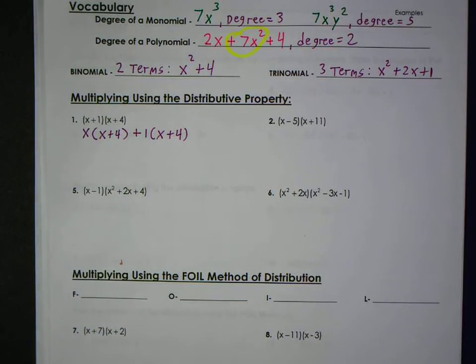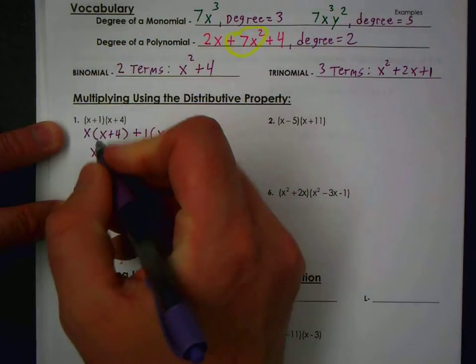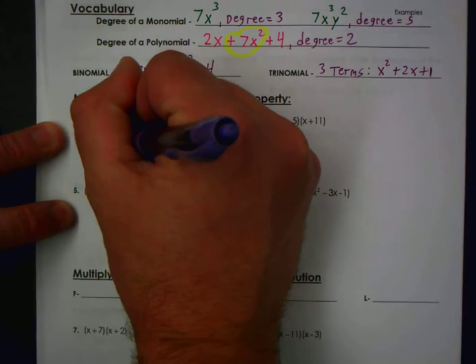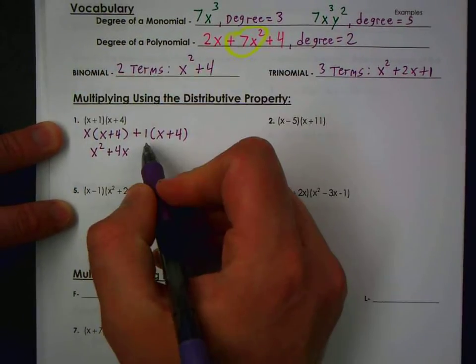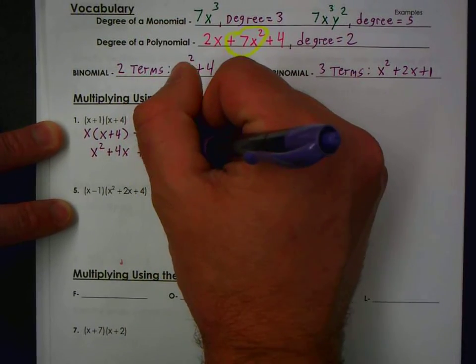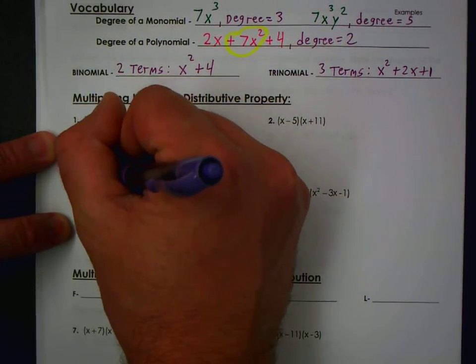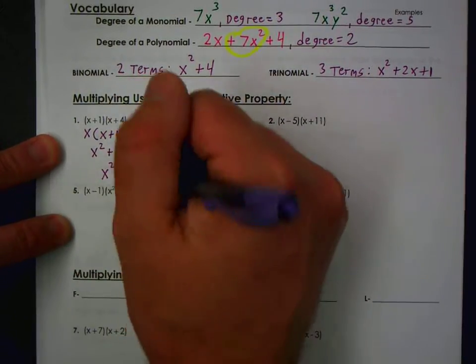So you put the first term in front of the second set in parentheses, and then the second term in front. And then you distribute. X times x is x squared. X times 4 is 4x. Over here distribute x plus 4. And we should remember that like terms, 4x plus 1x is 5x.